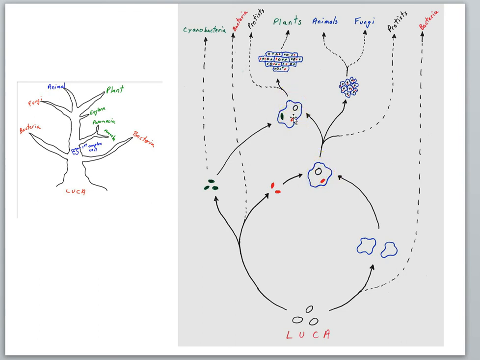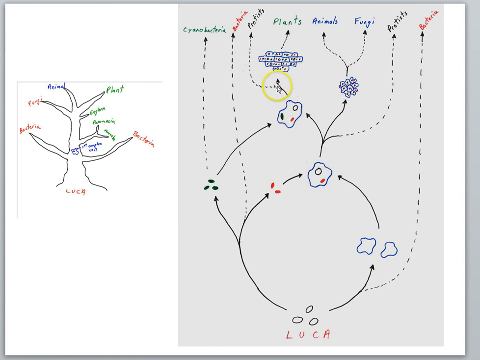And just to notice where multicellularity evolved here. This single-celled organism, with a nucleus and mitochondria, some of them went on to evolve into multi-celled organisms like animals and fungi. Some of these single-celled organisms continue to be single-celled and evolved into the many species of protists like amoeba and paramecia and so on.